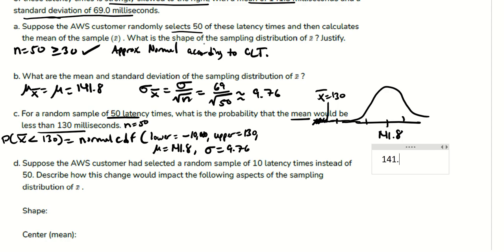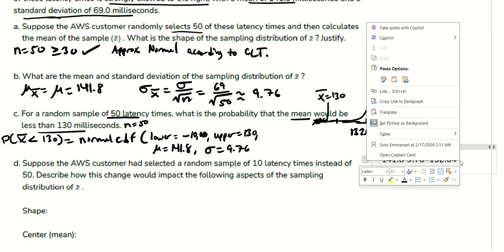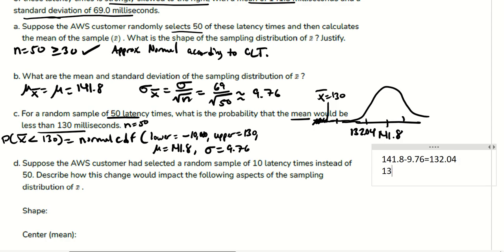Okay, so 141.8 minus 9.76 is 132.04. So 122.28. Okay.